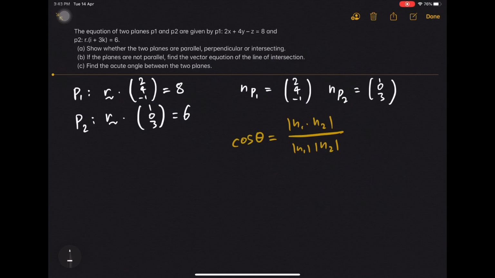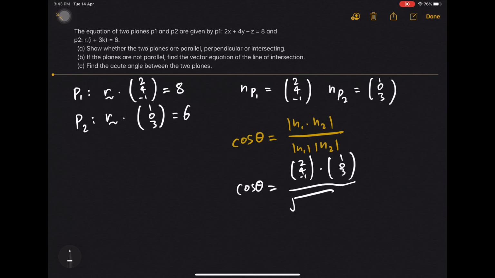For the last question, we are asked to find the acute angle between the two planes. I have written down here the formula that we are going to use to find the acute angle, cosine theta. We put down the normals for plane 1 and plane 2: (2, 4, -1) and (1, 0, 3).